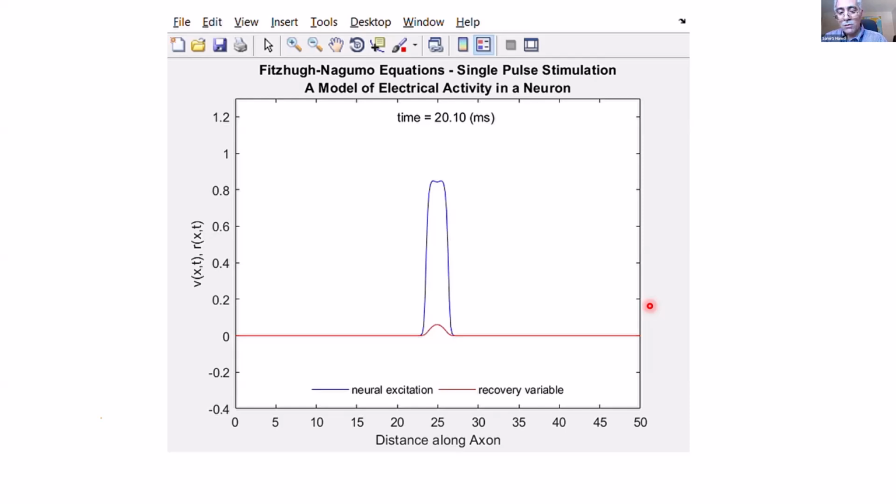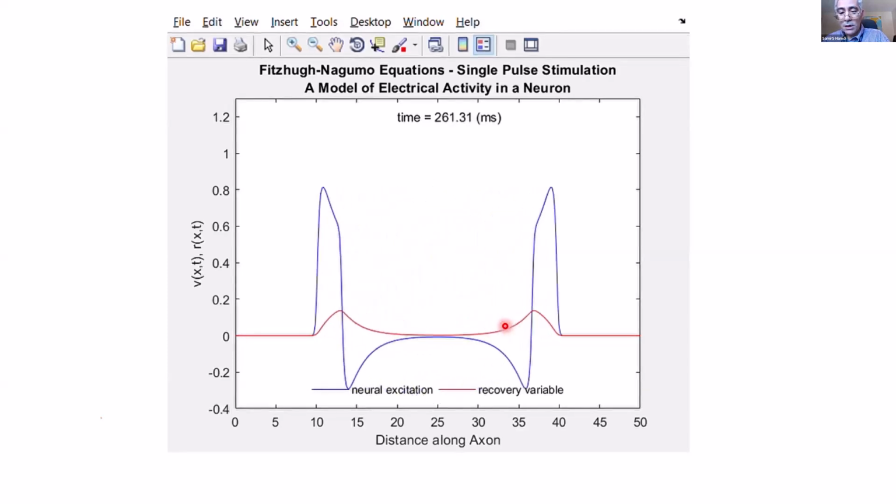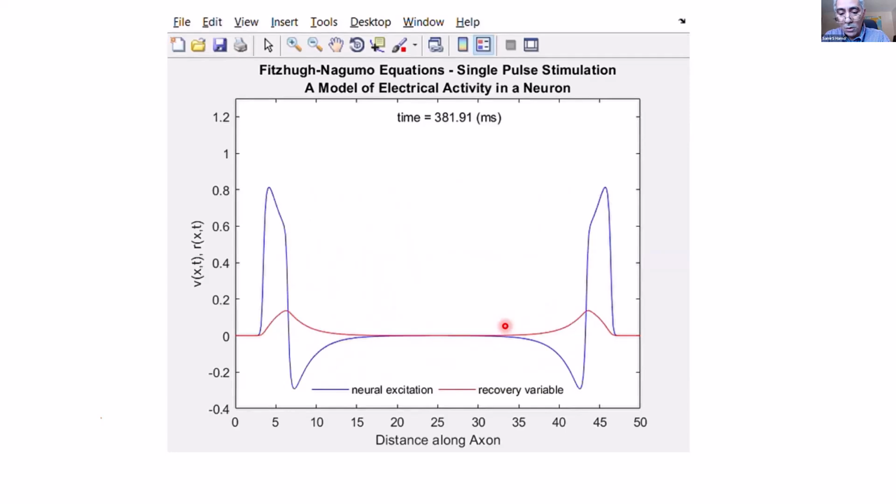We put in the middle of the axon of the neuron the stimulation, a single pulse, the one that we obtained analytically, and we let it propagate. You can see that it's bidirectional propagation of the signal in opposite directions, and it is really an illustration of the propagation in the neuron.